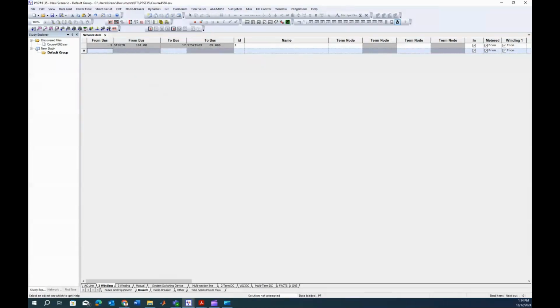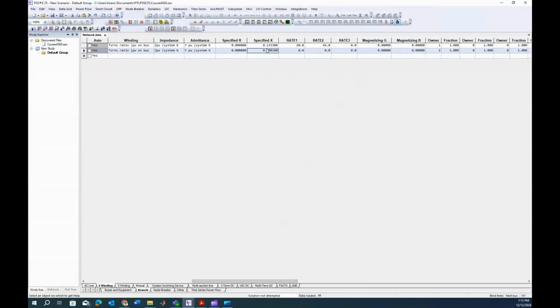Similarly, for the other transformer, it is between bus number 15 and bus number 16. Now if you press the down arrow, it will auto fill the information about that transformer. And now you can go for the reactance, which is 0.133, and the rating as 60 and emergency rating as 66.